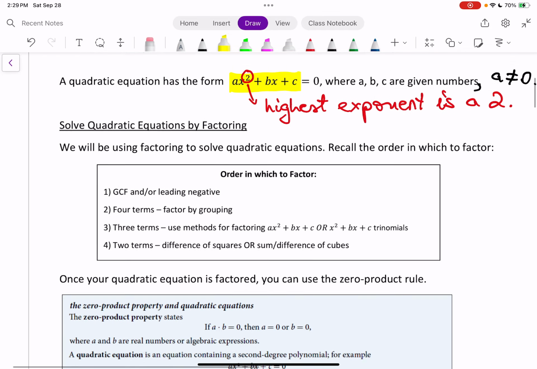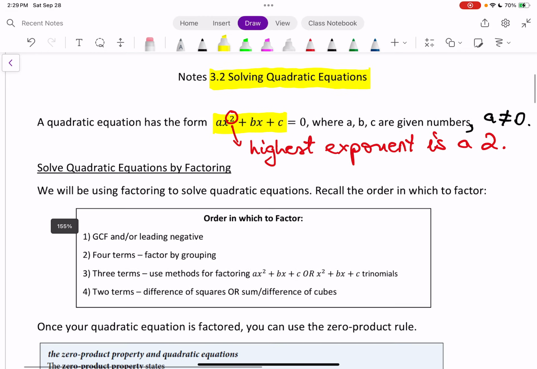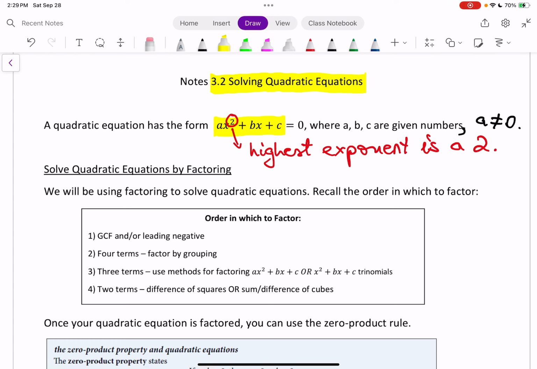So, how does factoring work? By the way, even though we are not going over section 3.0, which is kind of like a review for chapter 3, I did post on Canvas a textbook section for 3.0, which is just a review of factoring.